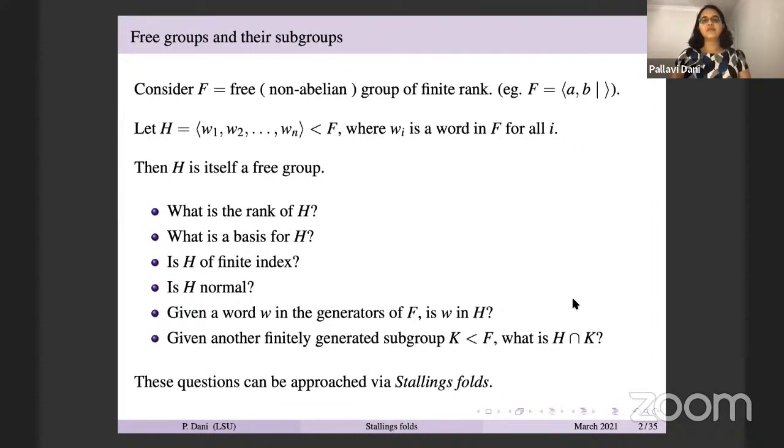So this idea of using these folds is more a shift in viewpoint that led to cleaner and more elegant proofs of some things that were already known, and has also fueled further research. So, for example, even today, people still study groups of automorphisms of free groups, and Stallings folds do actually play a role there.